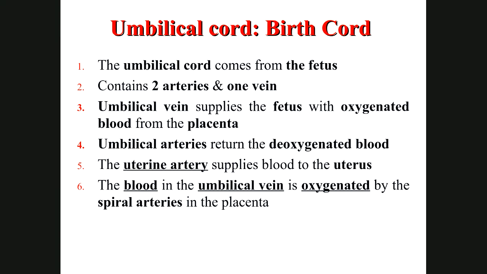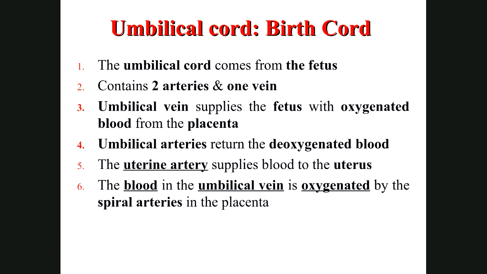They branch on the fetal surface to form the chorionic vessels, and these are umbilical arteries. Now, in our body there is an exception with regard to two arteries. One is the pulmonary artery that carries deoxygenated blood to the lung, and another is the umbilical artery that carries deoxygenated blood, right? So two arteries are the exception in our body which carry deoxygenated blood.